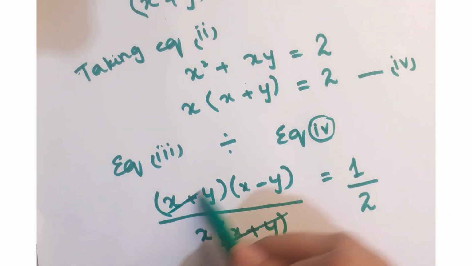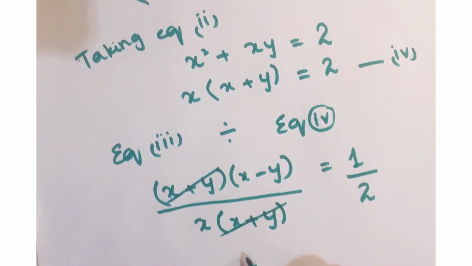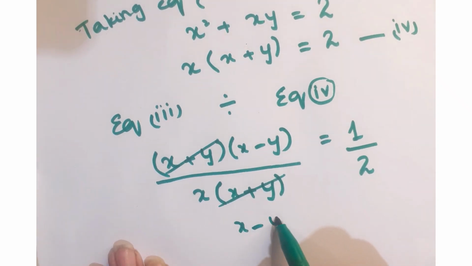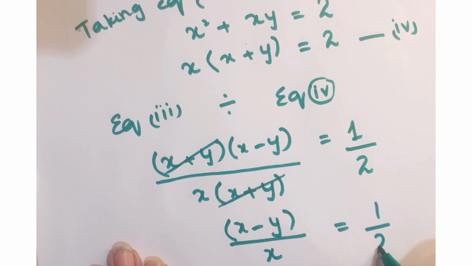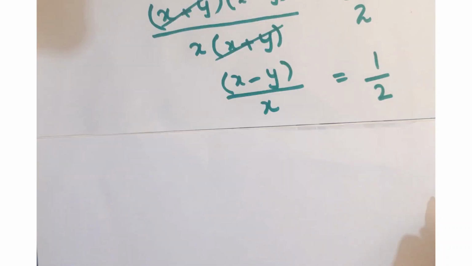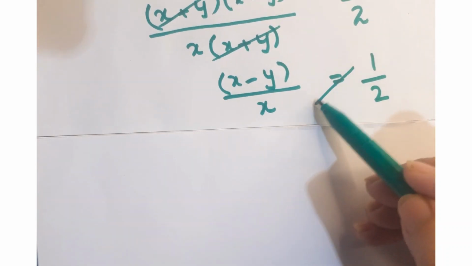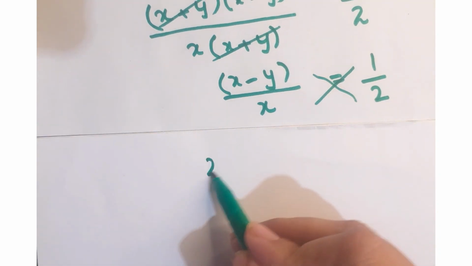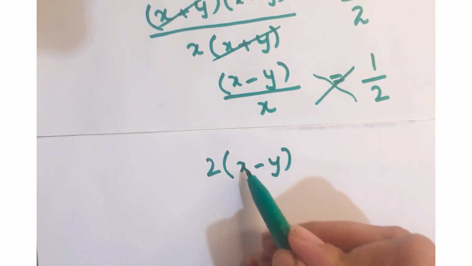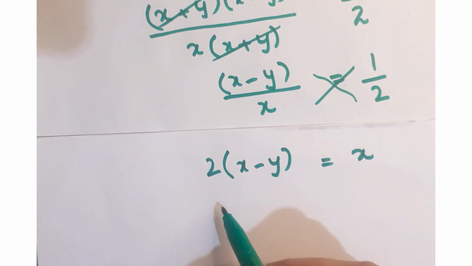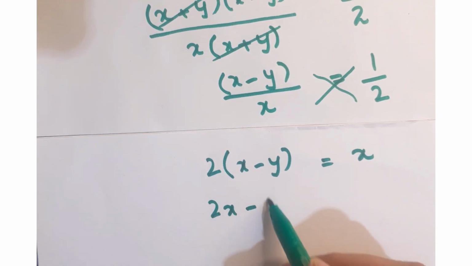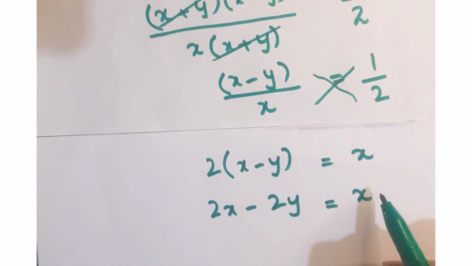Now this term gets cancelled, so we have x minus y upon x is equal to 1 upon 2. Now we are going to cross multiply, so we get 2 times x minus y is equal to x. Now you can write 2x minus 2y is equal to x.